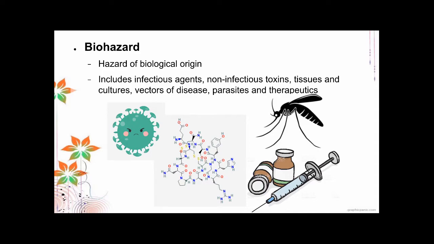Why are therapeutics also considered a biohazard? Remember the saying that medicine can be a poison and a poison can be medicine. It's just that the dose matters. Actually, most poisons are used as medicine.